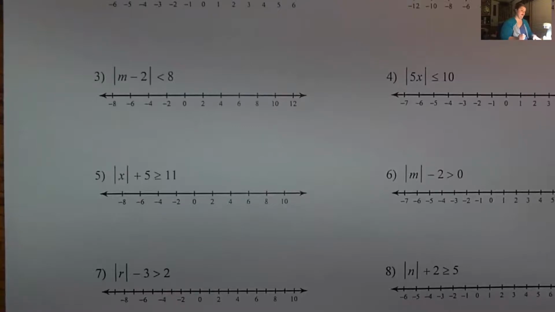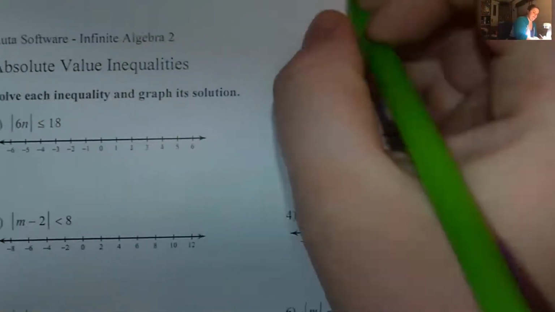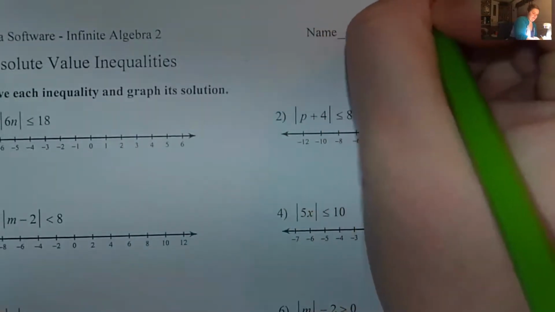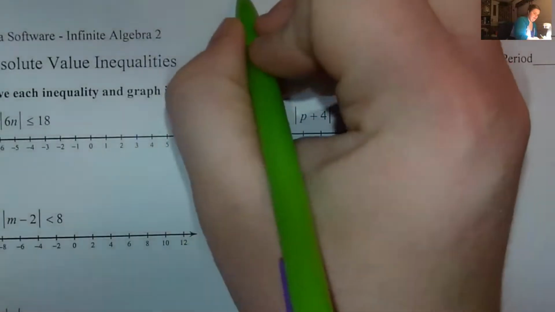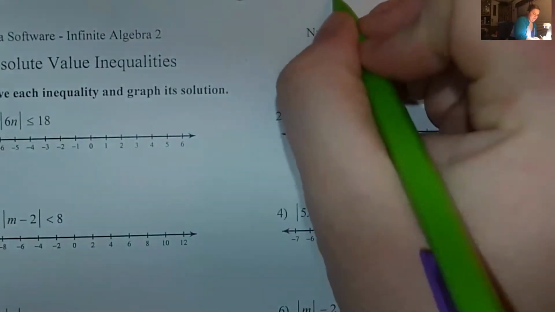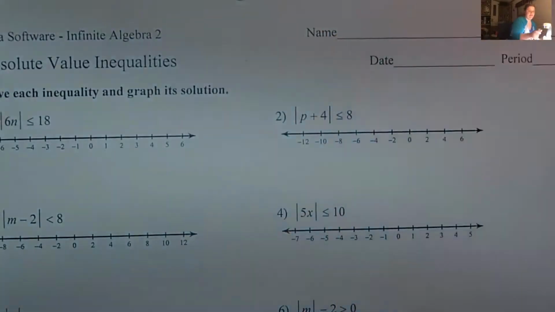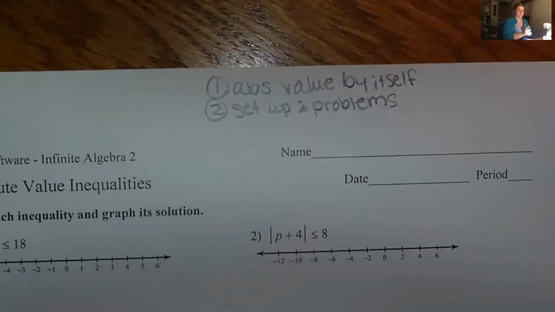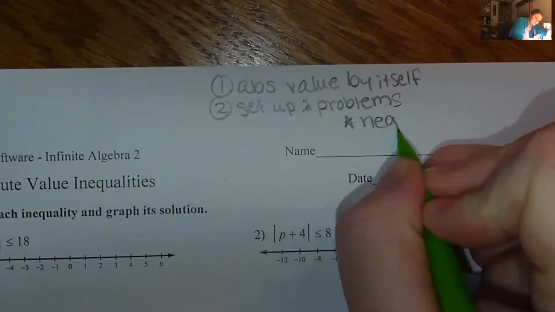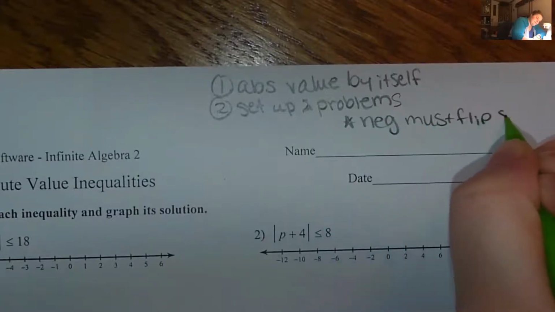The only other thing is absolute value by themselves. Set up two problems. The other thing on this is when you set up your two problems, on the negative one, you must flip your sign.